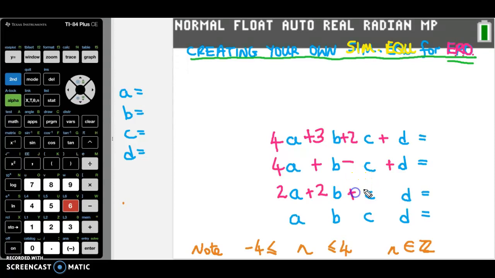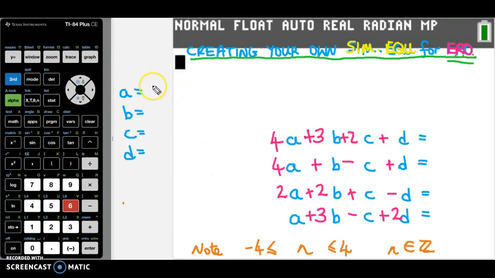So don't overcomplicate it, keep it fairly simple. And I always try and keep the top one the biggest. And you'll notice that in this case I've kept these numbers either the same or multiples of or factors of this top number here.